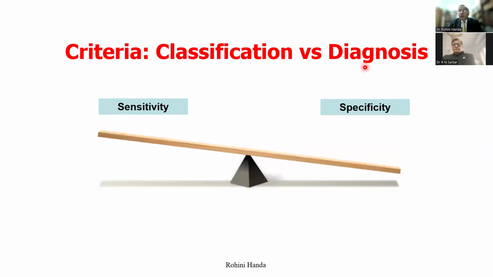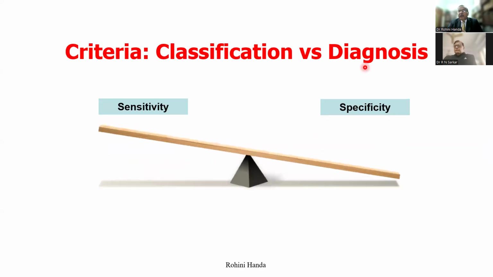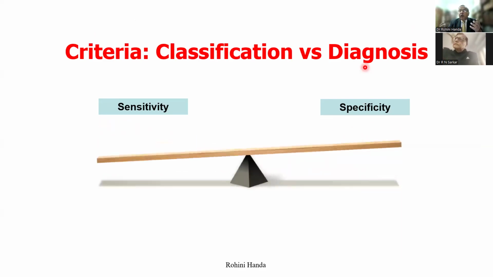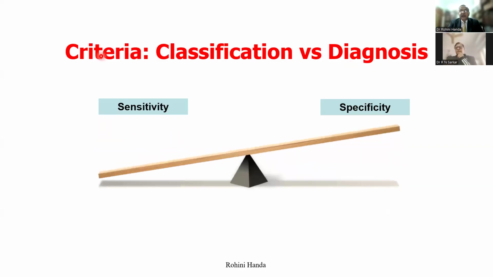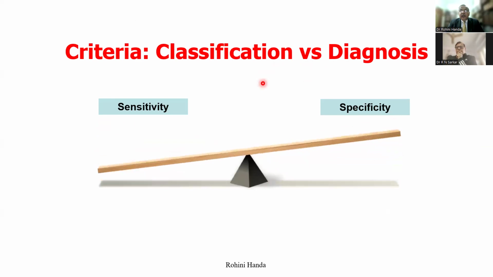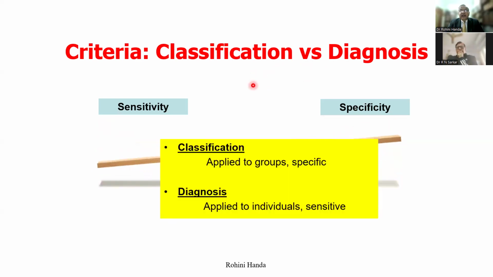The diagnosis of rheumatoid arthritis is clinical, but if you have a study ongoing in which you need to recruit patients for your dissertation or thesis, you need a homogeneous group, and this is where classification criteria are required, and there is a trade-off between sensitivity and specificity.